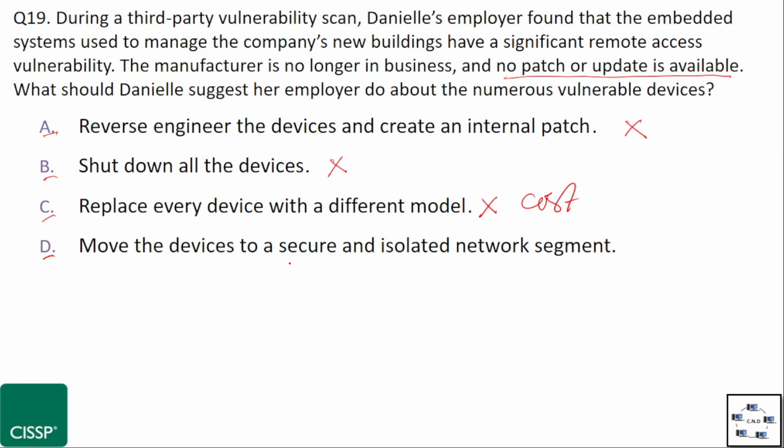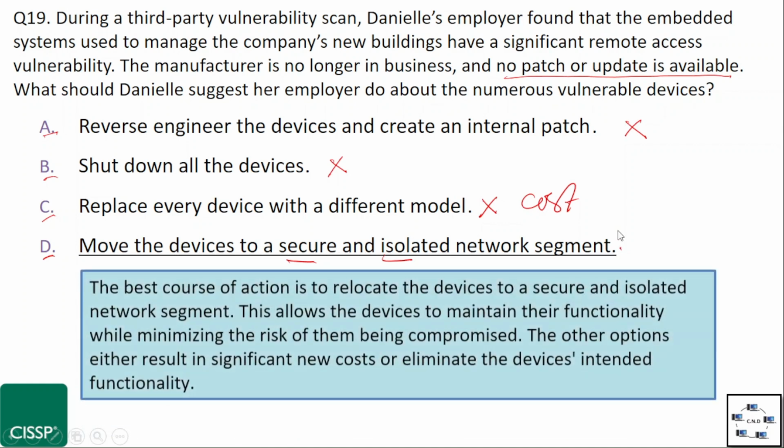Moving the devices to a secure and isolated network, so that they cannot be easily compromised and do not infect other devices, is the viable and most suitable solution. So the best course of action is to relocate the devices to a secure and isolated network segment. This allows the devices to maintain their functionality while minimizing the risk of them being compromised. The other options either result in significant new cost or eliminate the device's intended functionality.